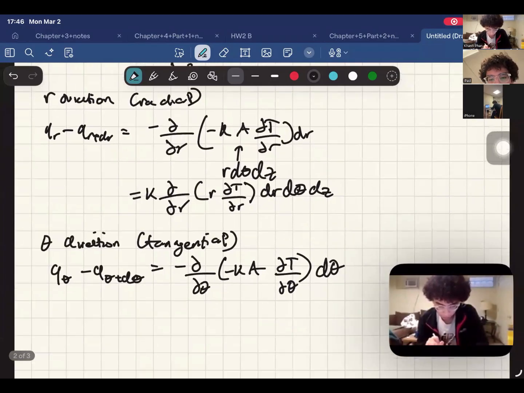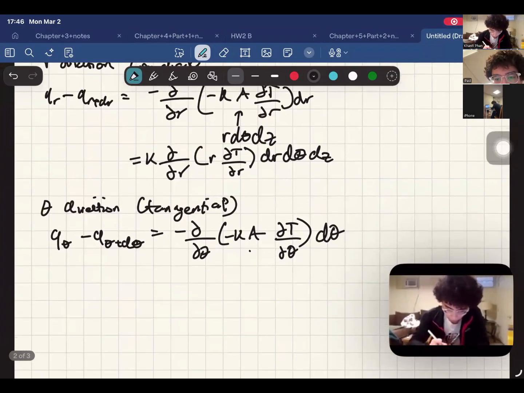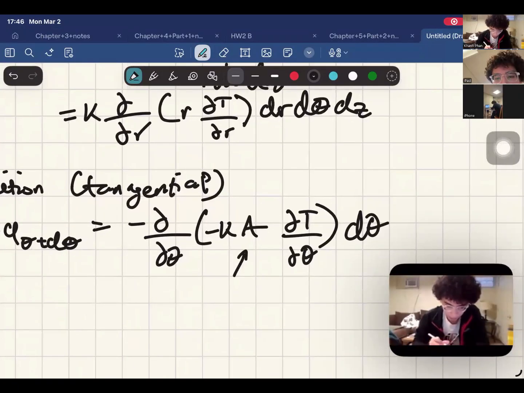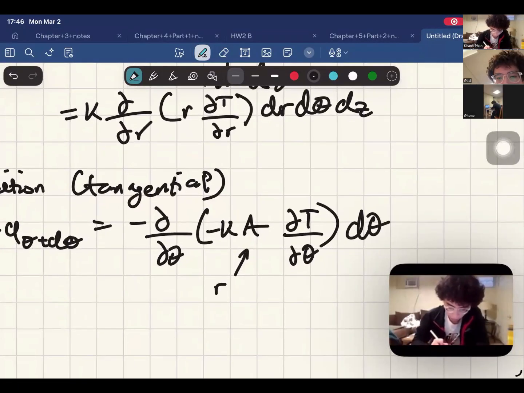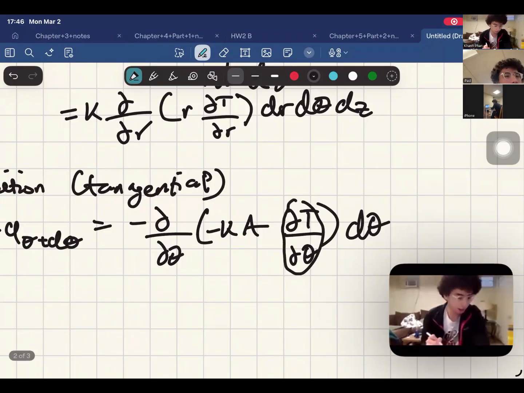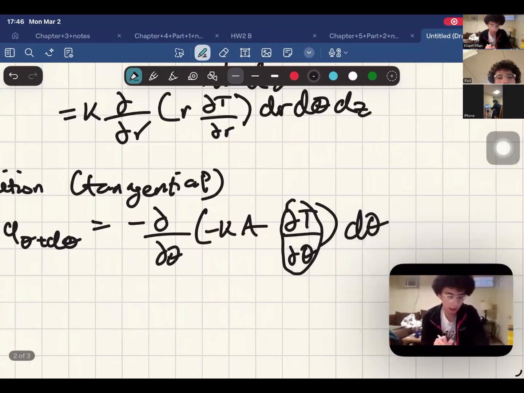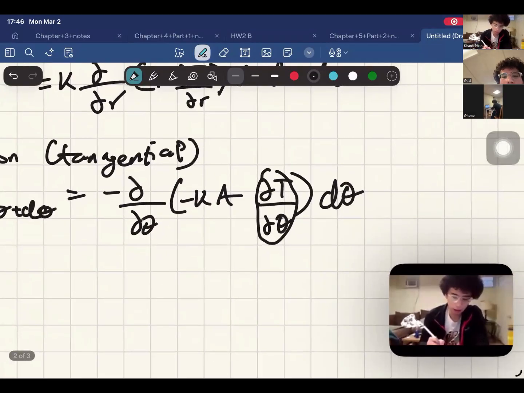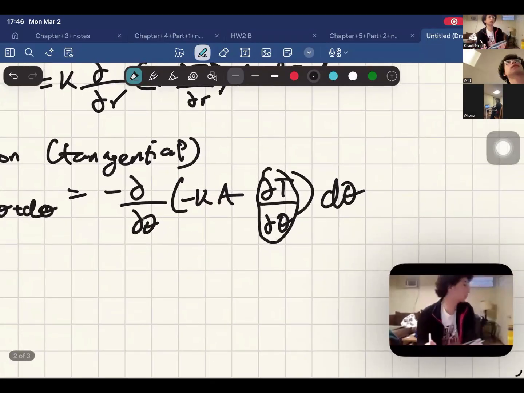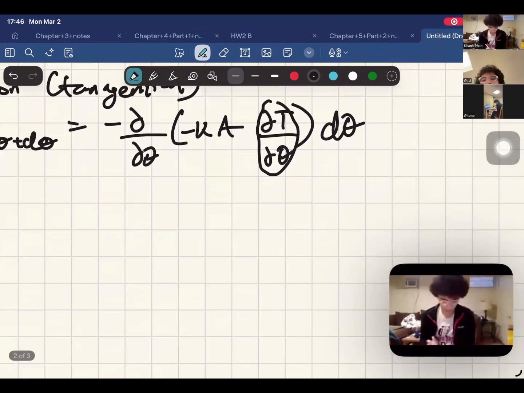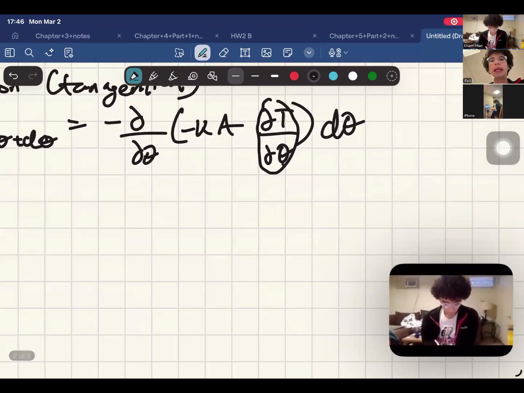And over here we would have the area equal to R. Also notice here, the temperature gradient for the tangential direction, since we can only find the temperature gradient per unit length, we would have to convert this to r d theta.